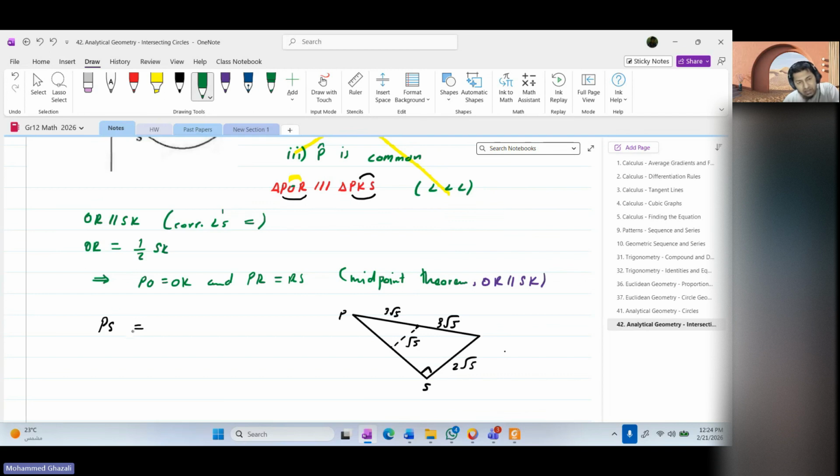We can say PS squared, or PS is equal to the square root of 6 root 5 squared minus 2 root 5 squared. And that's from Pythagoras. So 6 root 5 squared is 36 times 5, minus 2 root 5 squared is 4 times 5.